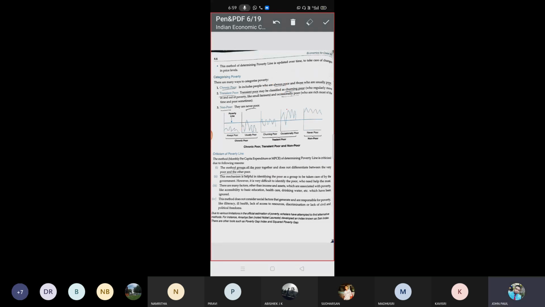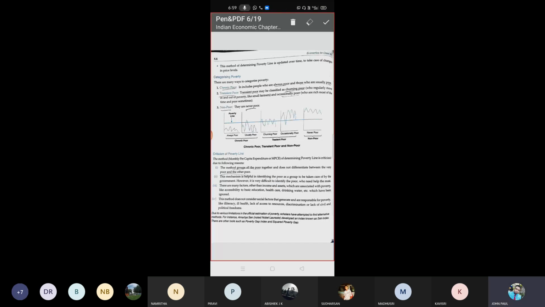But apart from this, there are many other categories: basic education, healthcare, drinking water. People who don't have these will also be called poor. These factors associated with poverty have been ignored in this poverty line.